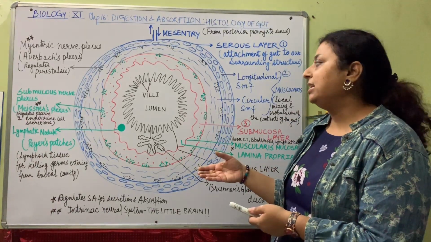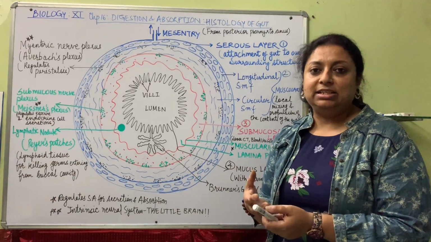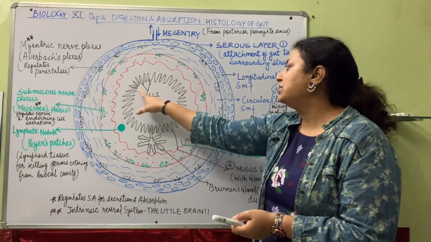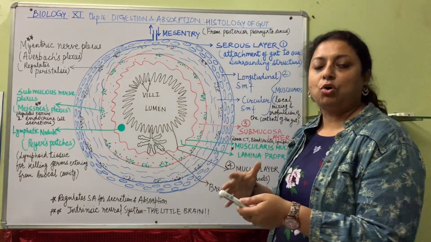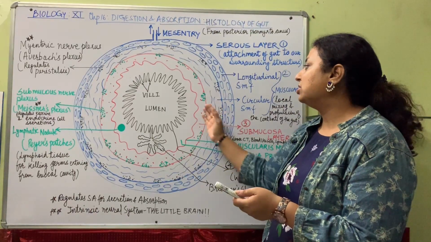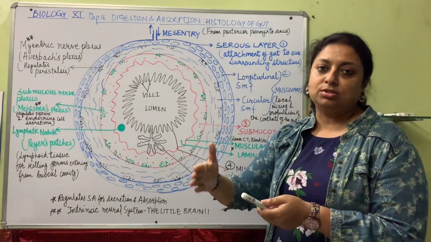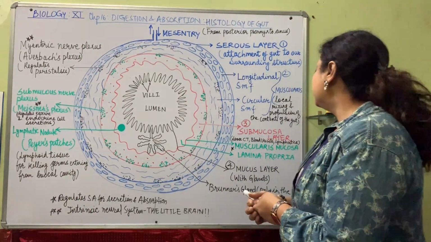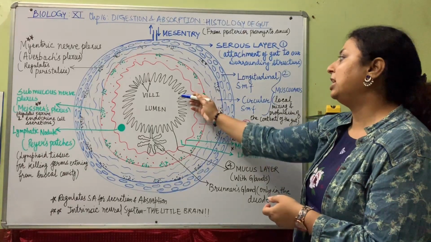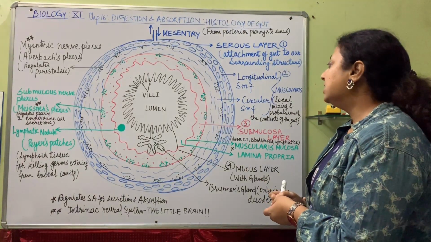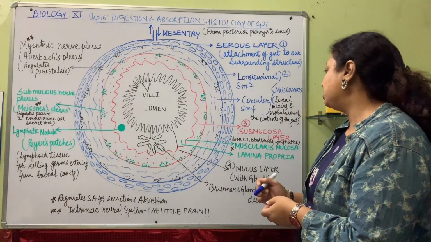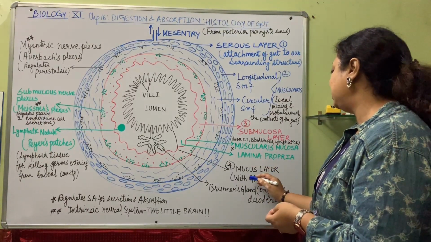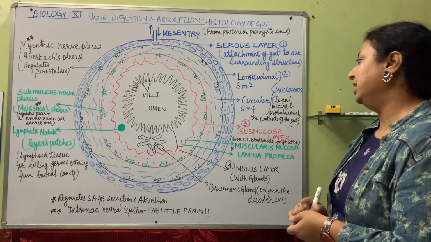In other areas they are either absent or sparse. I have shown villi here because it's a common diagram for all the different parts. So villi are meant to increase the surface area for absorption, a very important characteristic feature of the mucous layer.